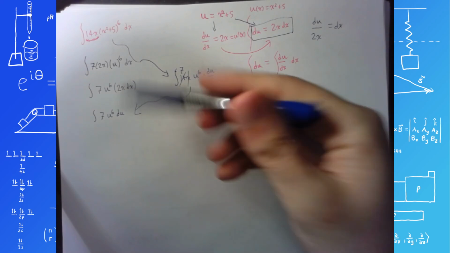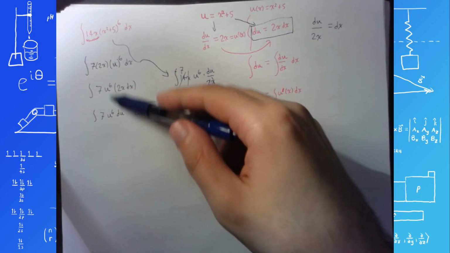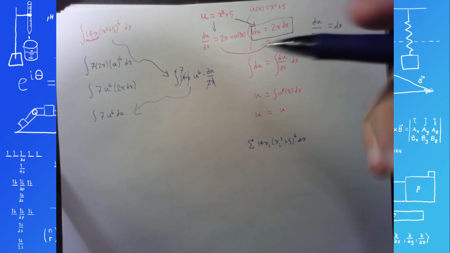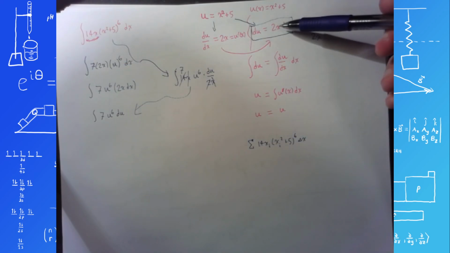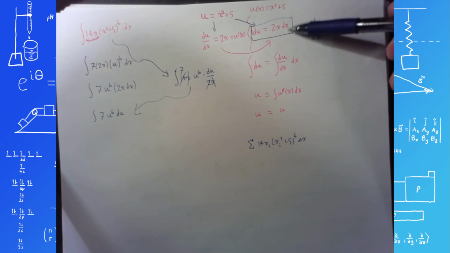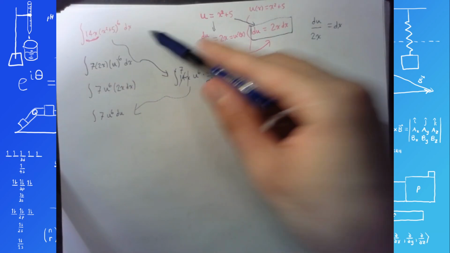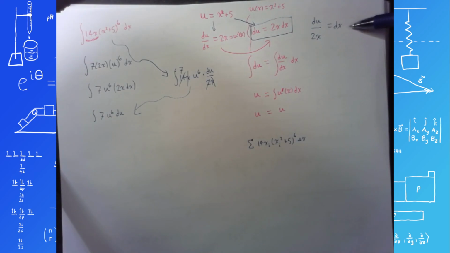So you probably want to get comfortable with this first method anyway, but as a last resort, if you're looking at a complicated looking integrand and it just doesn't look very simple, and you're not sure where to pick out your u, whatever your du is, you can't find it in your integrand, then you can go with this.